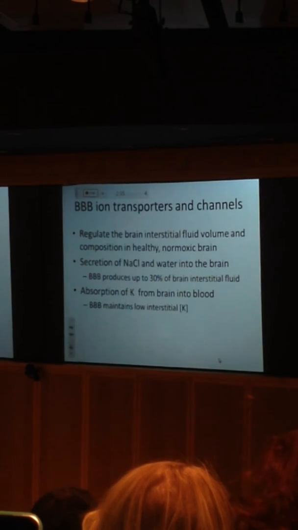Absorption of potassium into the blood, does that make sense to you? Right, you want a very low extracellular potassium level surrounding your neuron. So you want to constantly remove it, absorbing it back into the blood. That is why we say it is important to provide the optimal signaling environment for the neuron to fire an action potential.